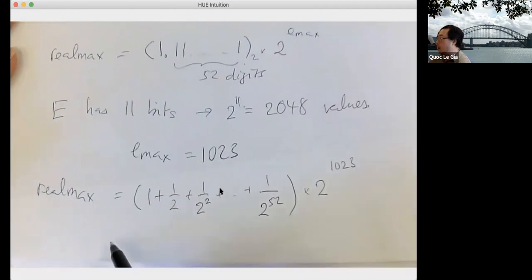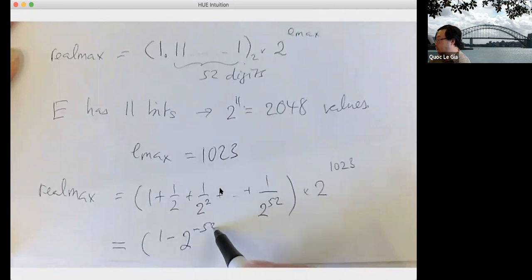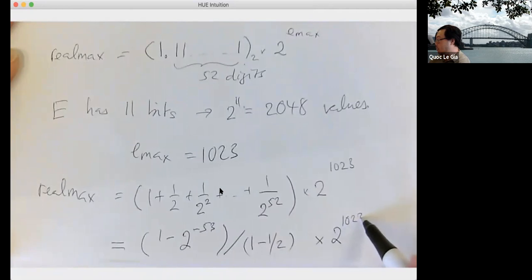If you remember the formula for a geometric sequence, this is just equal to 1 minus 2 to the minus 53 over 1 minus 1/2, and everything multiplied by 2 to the 1023.